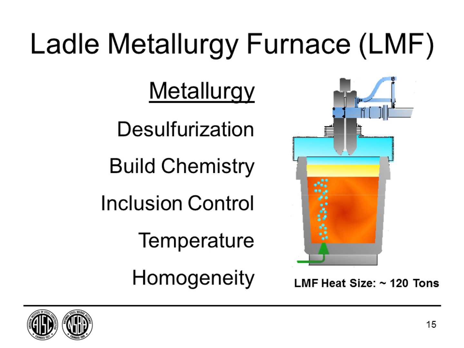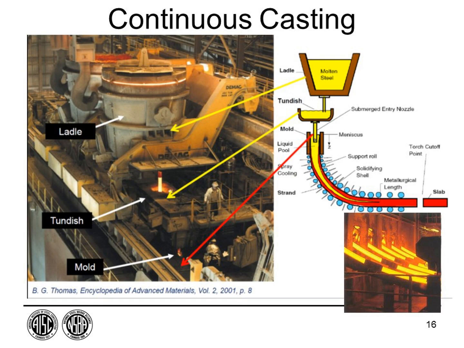The old way to do it is after you made the steel, you would pour it into an ingot, and that ingot would be a big chunk of steel, which would then go through a roughing mill and be reduced in size. But now all of the steel is made with continuous casting. So we take this metal from this, and this is the ladle that we just looked at.